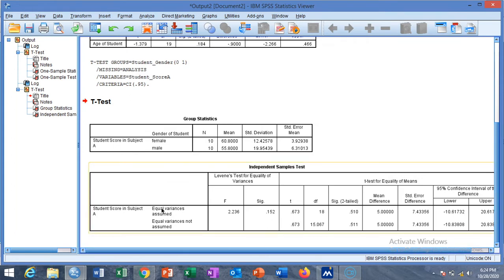There are two values of the t statistic. One is assuming that the two population variances are equal, and one is assuming that the two population variances are not equal. As we can see from the sample data, the two standard deviations or the two variances are not the same.